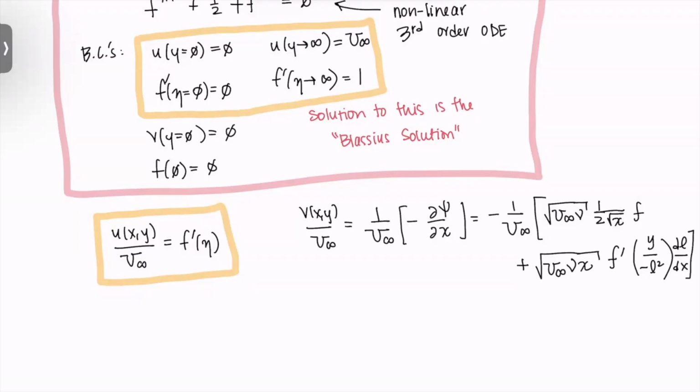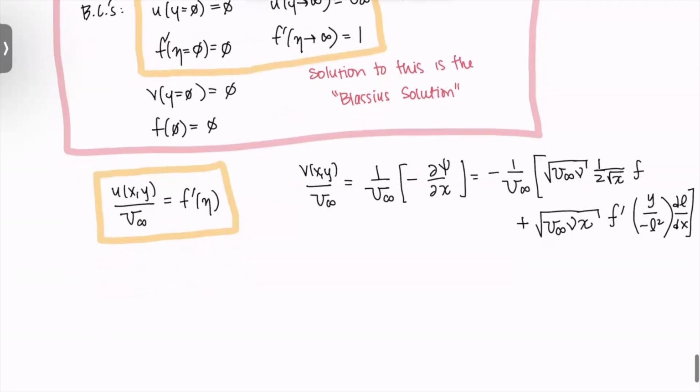Close the brackets. Which we can rewrite as 1 over 2 times the square root of the Reynolds number based on the distance x times the quantity eta f prime minus f.